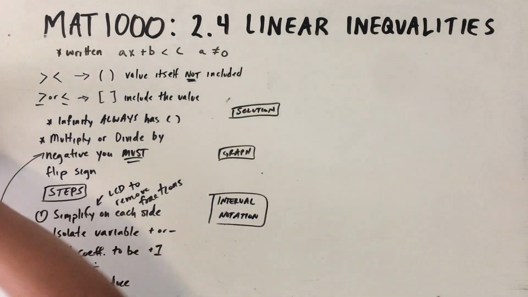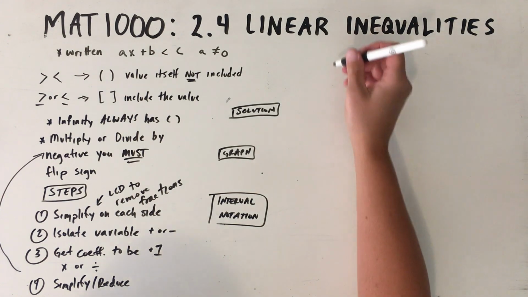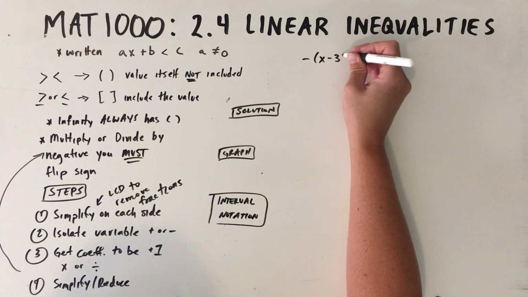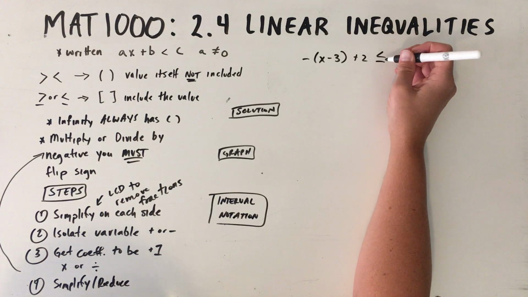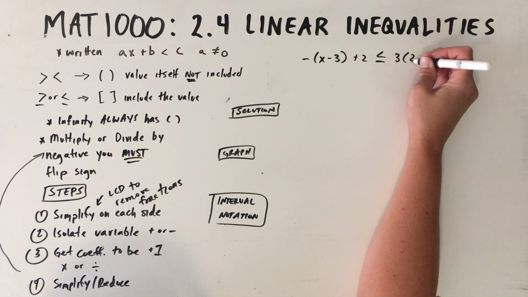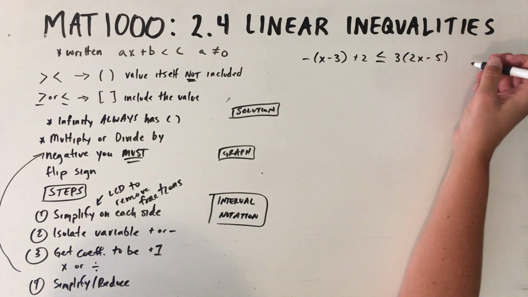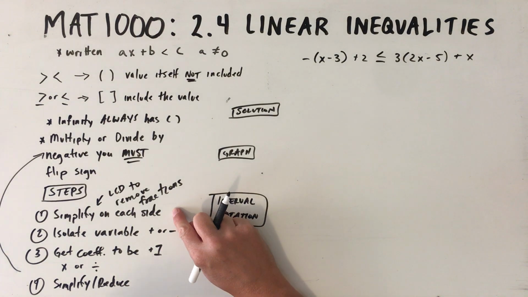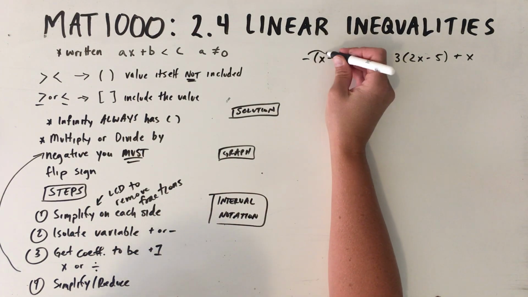Next one we should do has a little bit of cleaning up to do up front. All right, so again, my first step here is to simplify on each side. So I'm going to perform every operation I can over here.